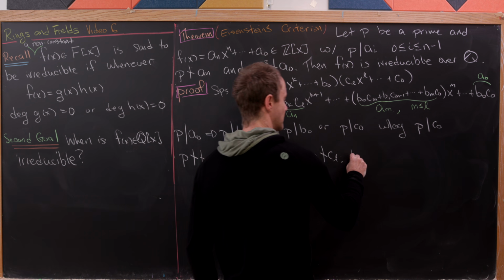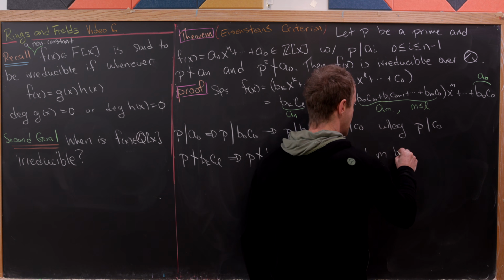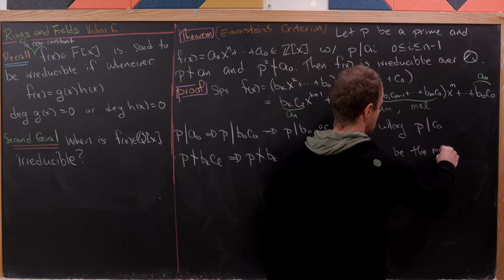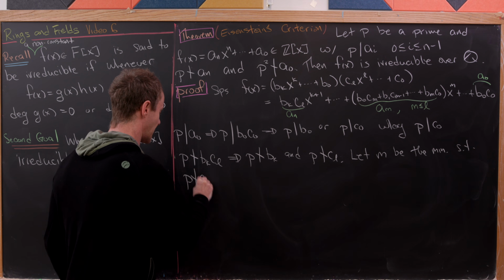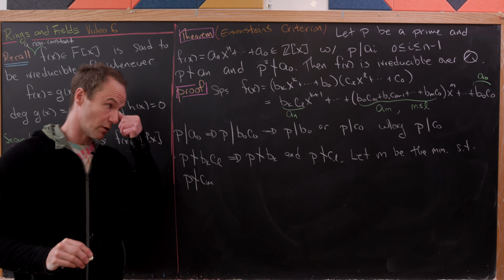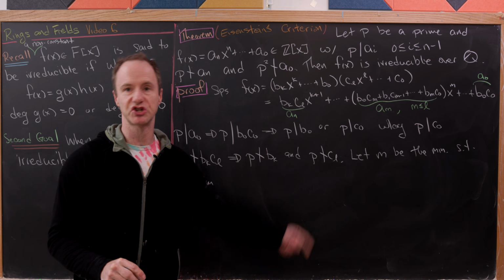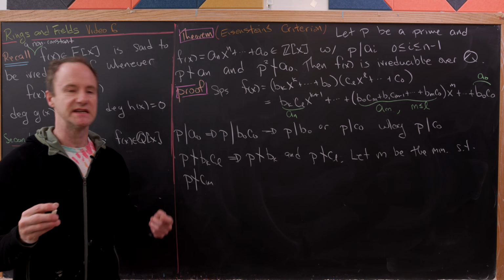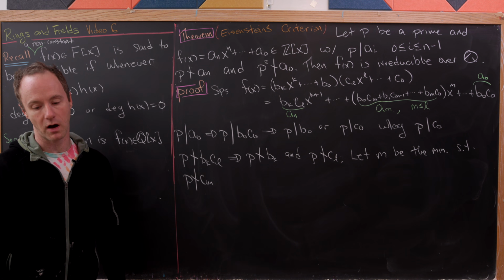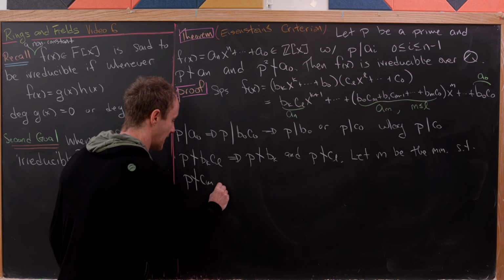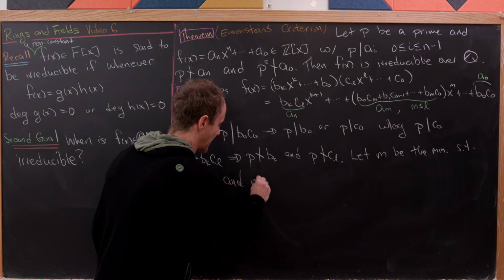Now what we're going to do is let m be the minimal such that P does not divide C sub m. So we needed this argument right here just to show that there was one of these C's not divisible by P, and now we'll just take the smallest among all of those. And now here's the final calculation.